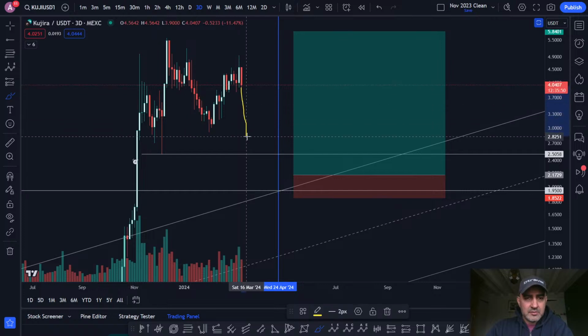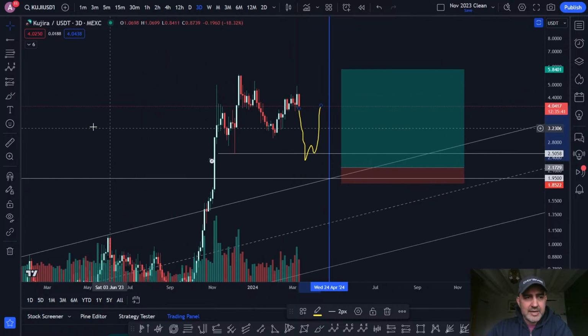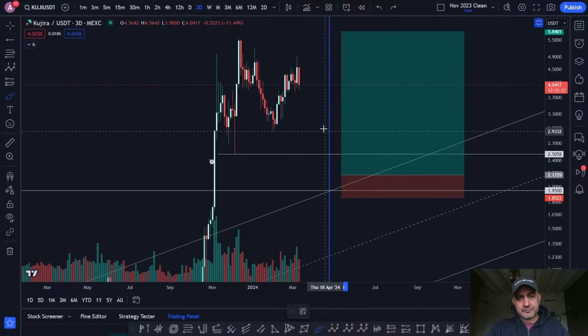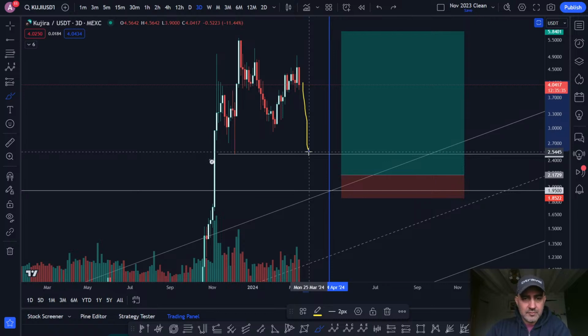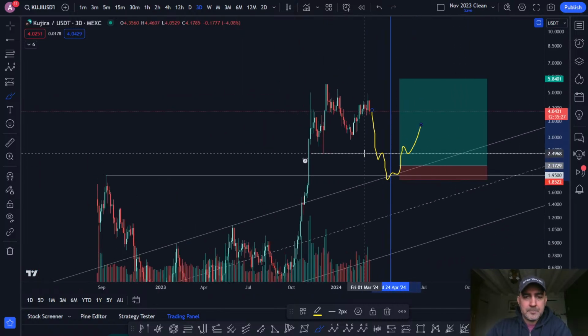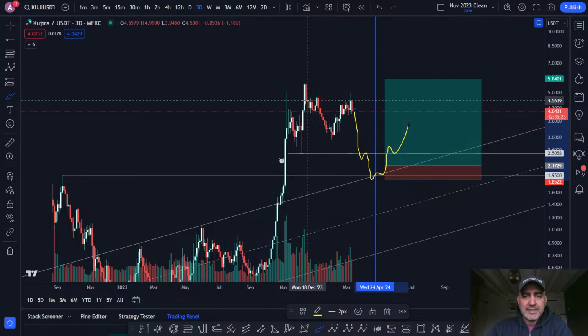So you could easily go down, and then that becomes bullish. And then if it breaks somehow, as soon as you reclaim that, that becomes bullish. You've invalidated that whole idea.